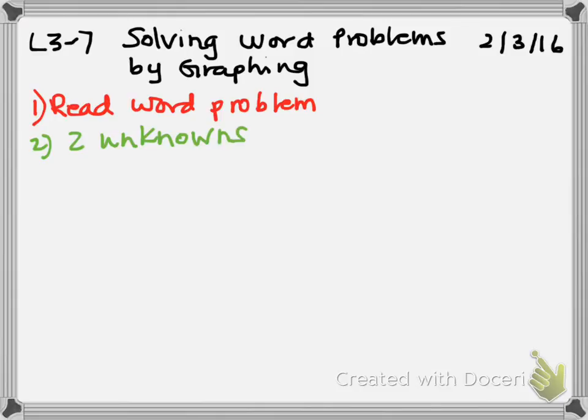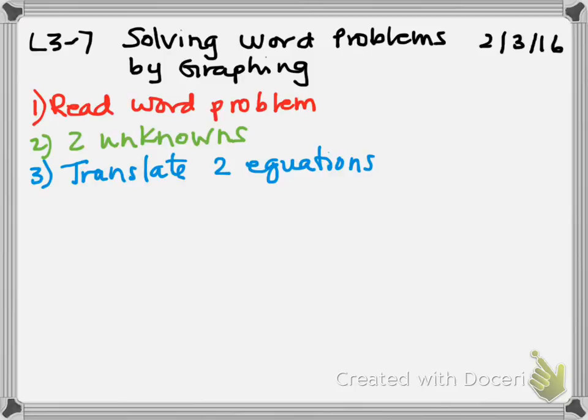There's been one unknown. So now you have two unknowns. To solve an equation that has two variables that are unknown, we need to come up with two equations. Oops. Translate two equations with the two unknowns. Now I'm going to write in parentheses, at this point, those are going to be our variables.